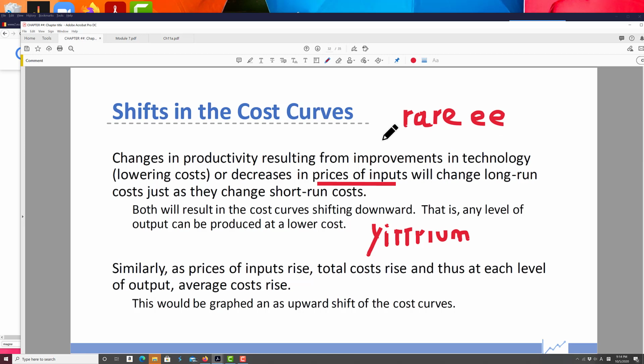There are about a dozen different rare earth elements. It's very difficult to produce these rare earth elements because they are toxic. So there are lots of toxic byproducts which need to be eliminated.